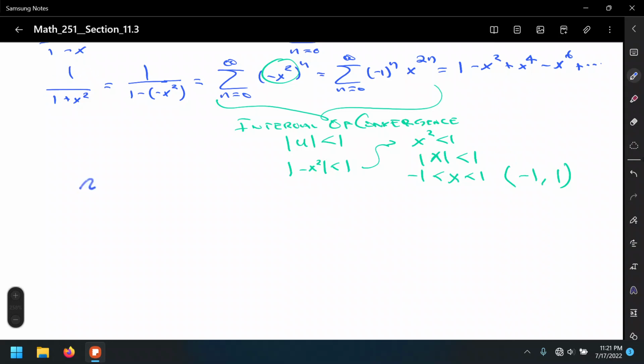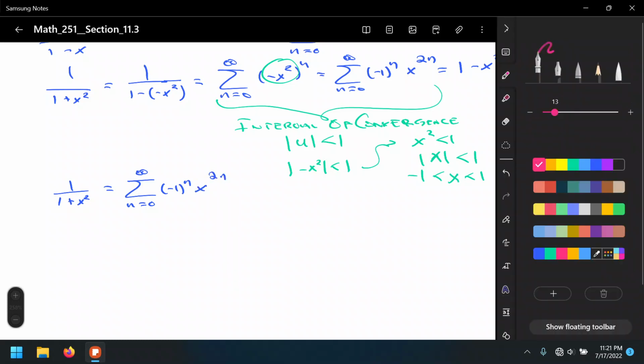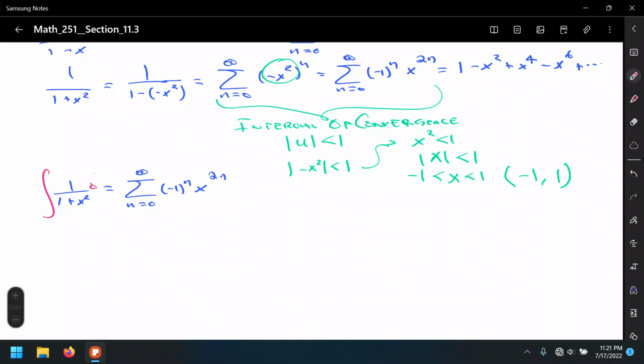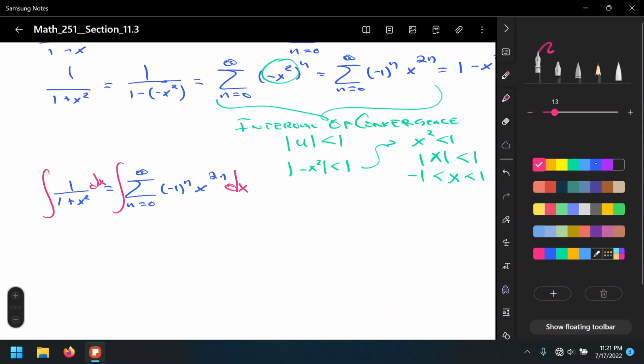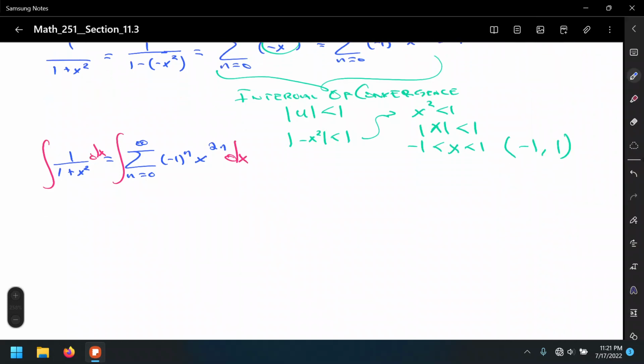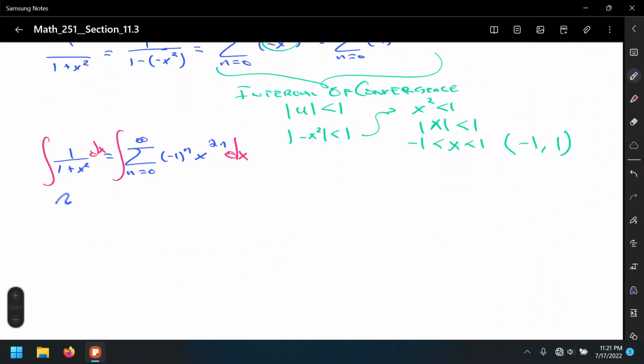So 1 over 1 plus x squared equals sigma n equals 0 to infinity of -1 to the n, x to the 2n. We're going to integrate both sides with respect to x. When we do that, the integral of 1 over 1 plus x squared, we know, is arctangent, and there we go.